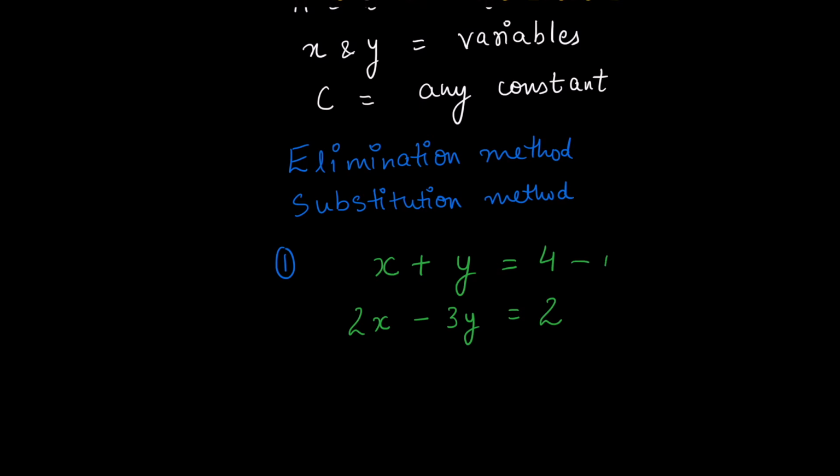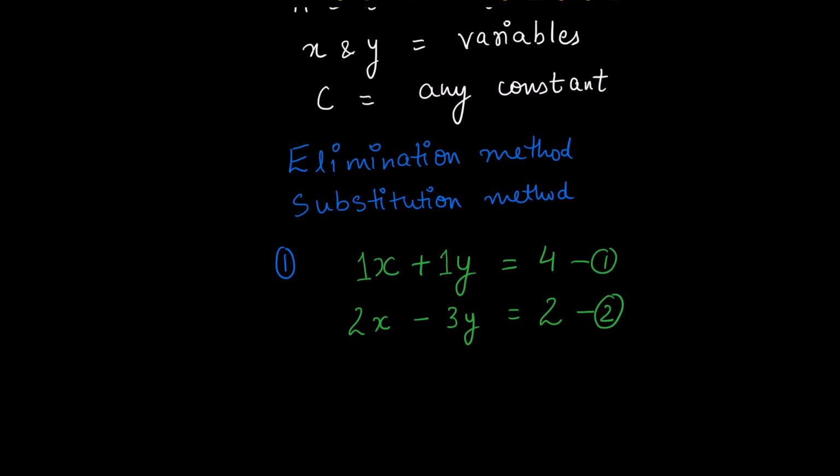Now the coefficient in this first equation for x is 1. The coefficient for y is 1. And this is the second equation. So the idea is, first, the coefficient of any one of the variables has to be the same.